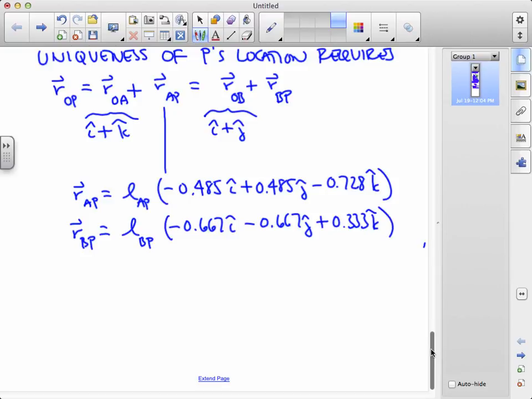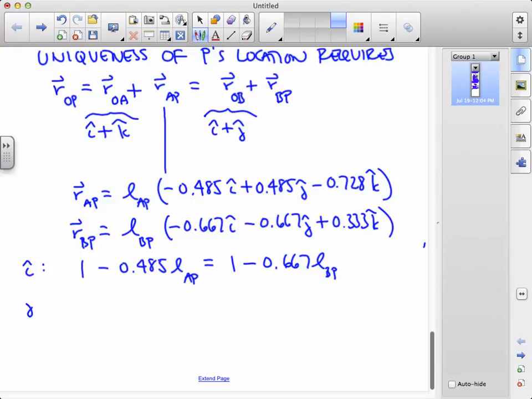If we collect all of the I components, on the left-hand side we have an I from ROA, that's just 1. And then from RAP we have minus 0.485 times the length from A to P. And on the right-hand side we have a 1 from ROB, and we have a minus 0.667 length from B to P from RBP.